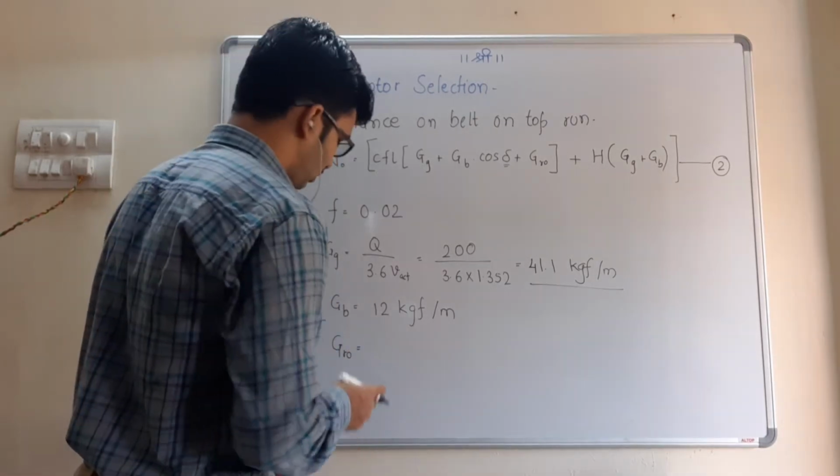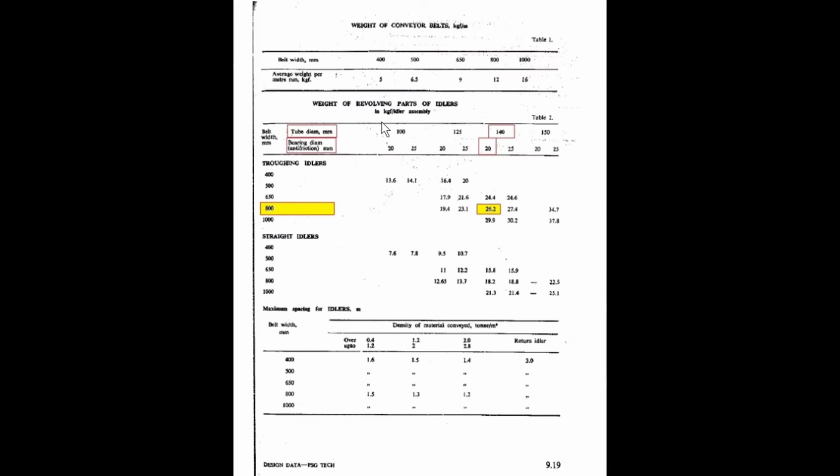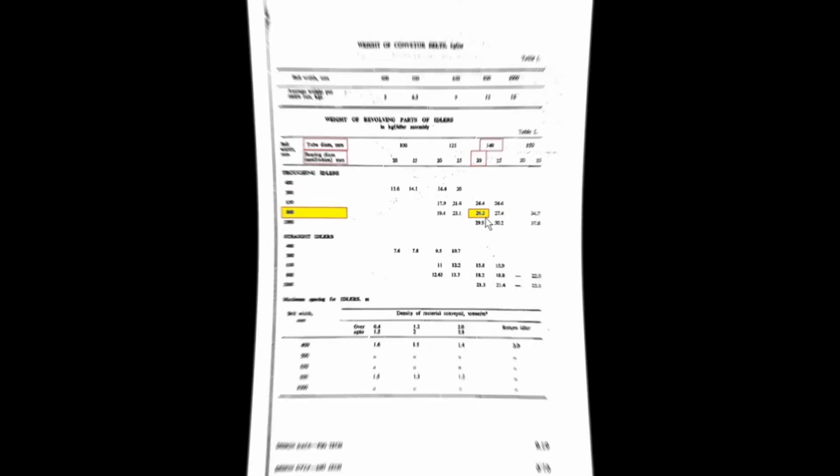So again from PSG 9.19 itself we have to consider the tube diameter and bearing diameter. We will assume tube diameter as 140 mm and bearing diameter as 20 mm. So for our standard belt width of 800 mm we will get this GRO per idler as 26.2.